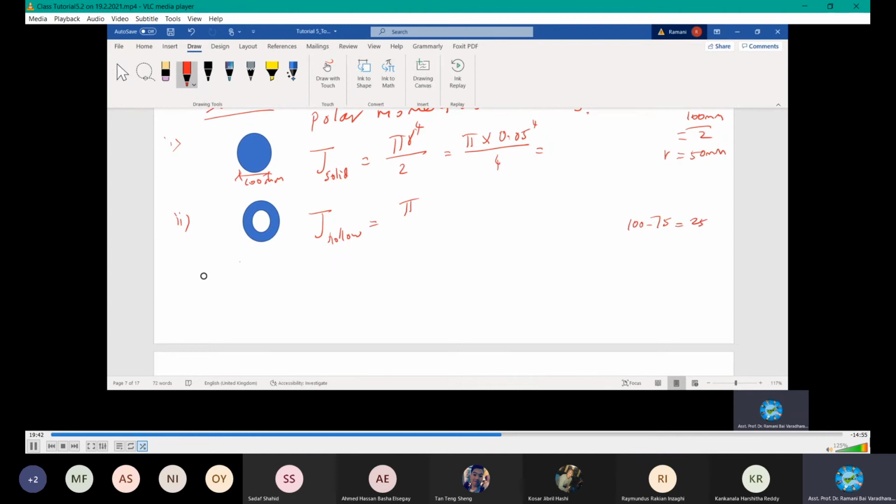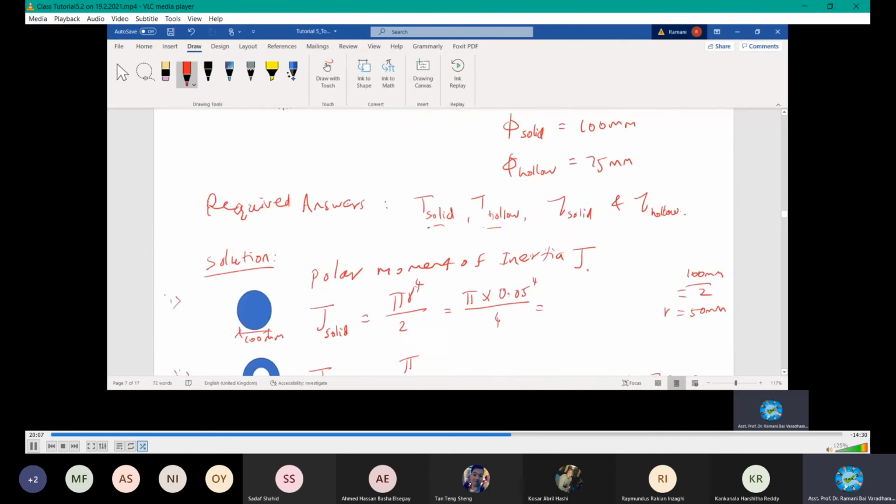But this 25 is left, right? Only 25 is left. But for both sides, divided by 2, right? Divided by 2. How much is divided by 2? 12.5 on both sides. The thickness will be, right? Am I correct? Are you following? You left with 25 only. The 25 you need to divide on both sides.